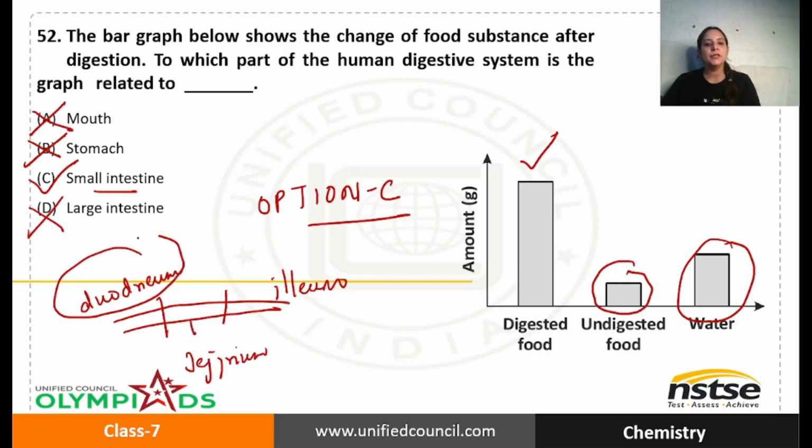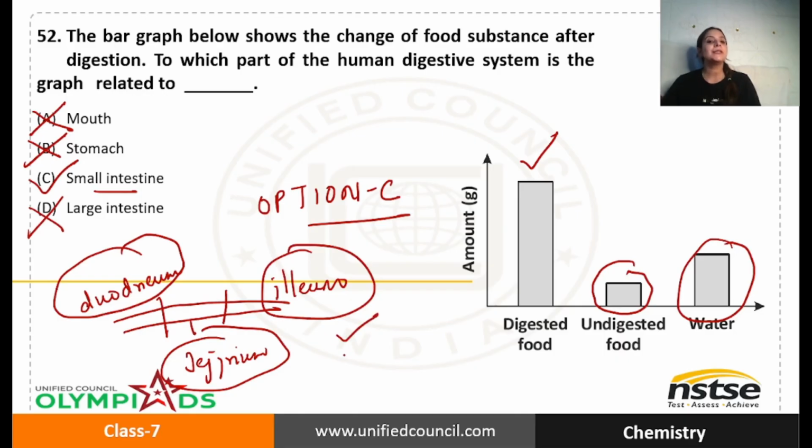Digestion continues here, but in the ileum, digestion completes and food absorption starts. So when digestion completes, it has a lot of digested food, but still it has undigested food and water, because the function to remove undigested food and absorb water is of the large intestine, not the small intestine. That is the reason option C is the correct answer here.